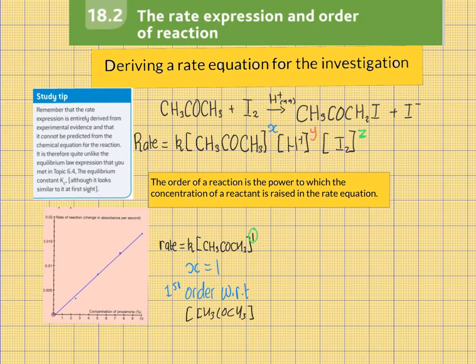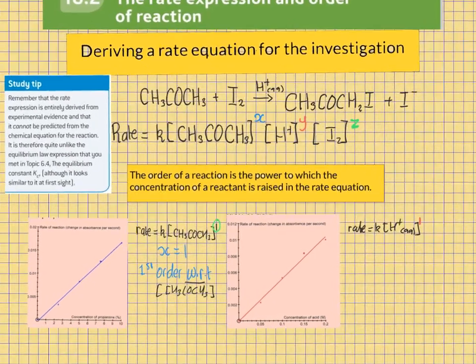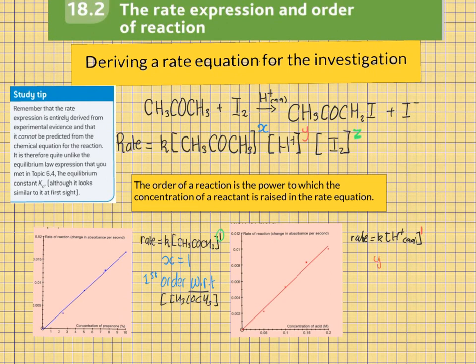So WRT is with respect to. Again, when we varied the concentration of hydrogen ions, we found we also got a straight line. It was directly proportional, and therefore the power with respect to the concentration of hydrogen ions is 1, and therefore we can now say that y equals 1. Or we can say it's first order with respect to (WRT) the concentration of hydrogen ions.